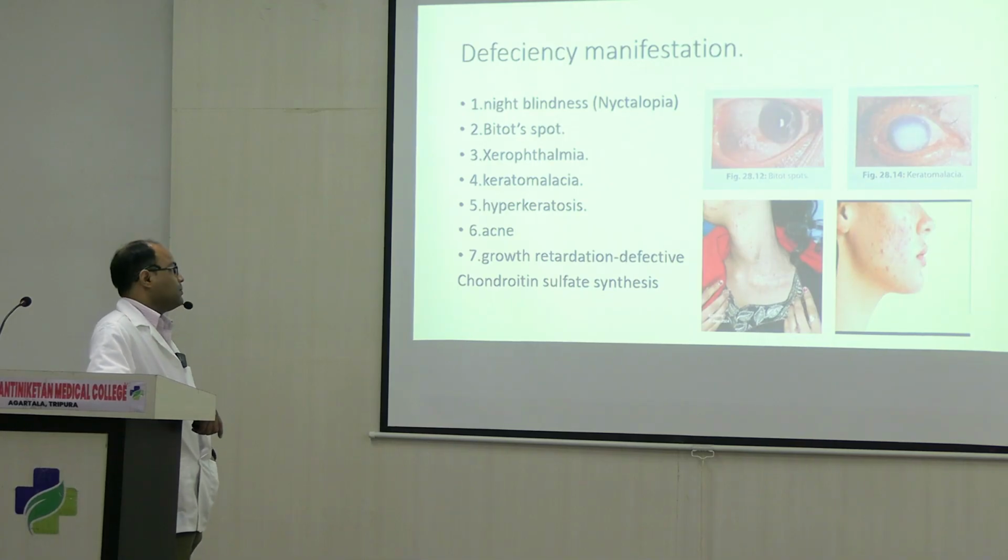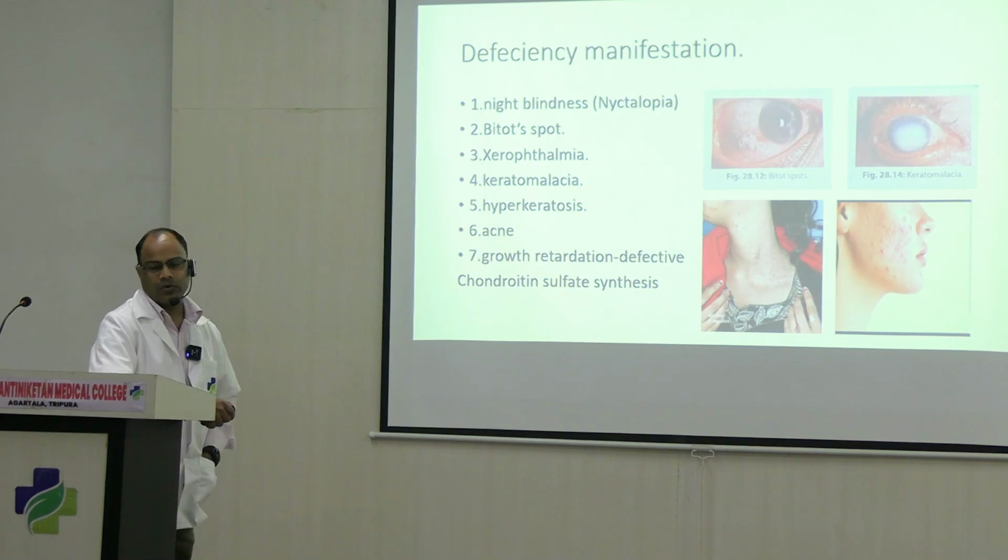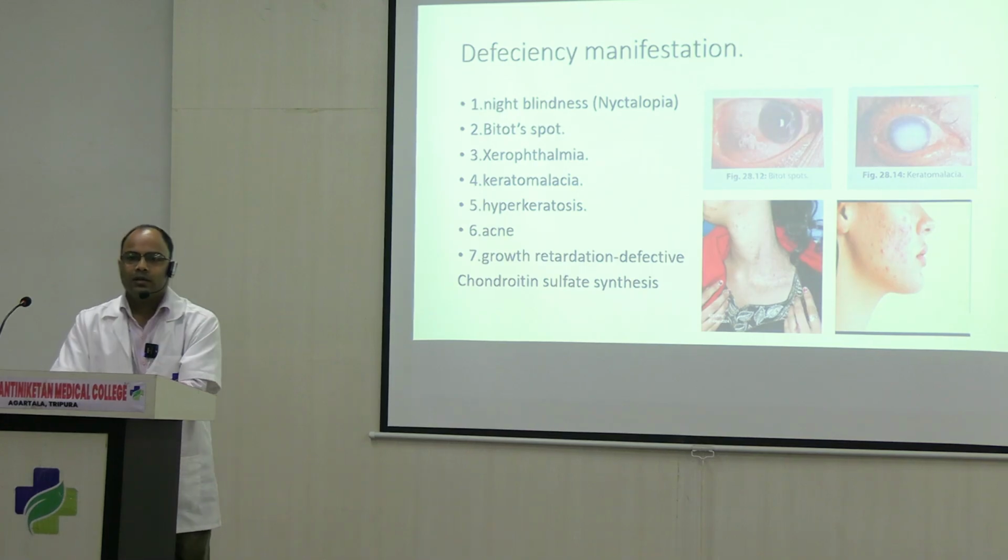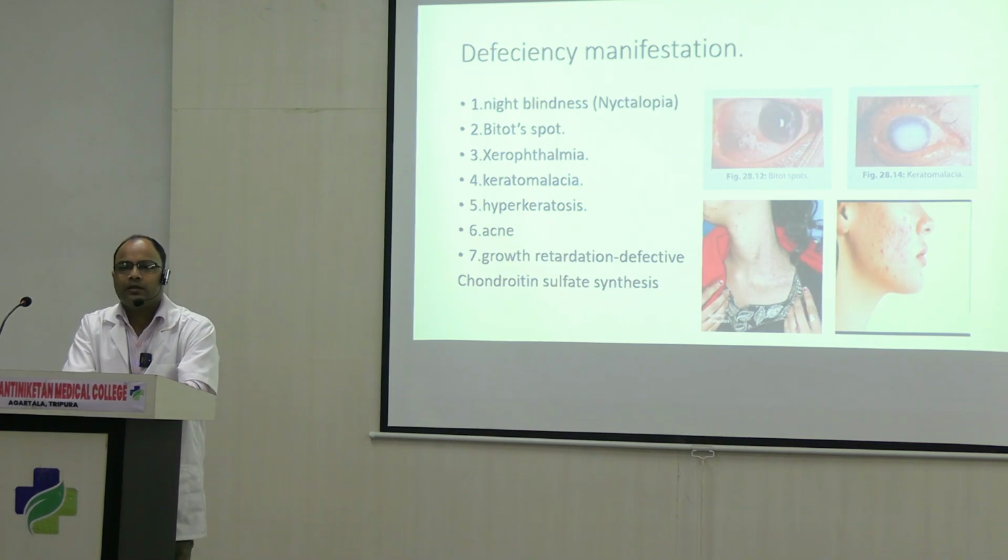Some disease processes occur because of vitamin A deficiency. First one is night blindness. We also call it nyctalopia. Dark adaptation time increases. A mother may come to you in the OPD. They can tell you, my child cannot see in the dark.